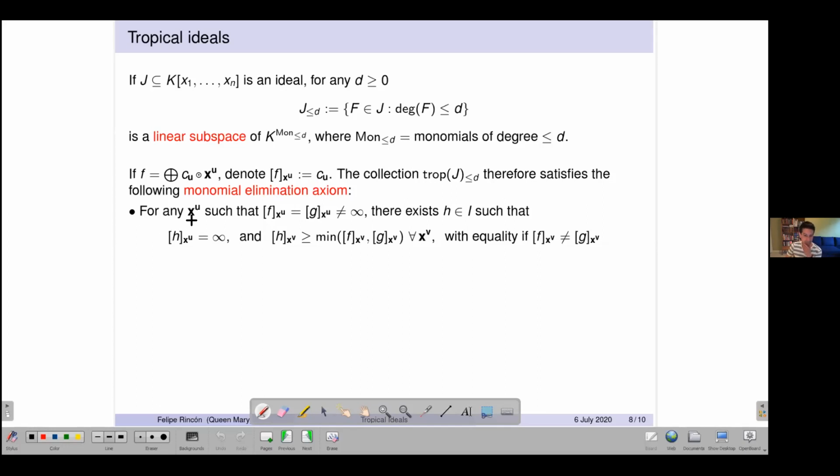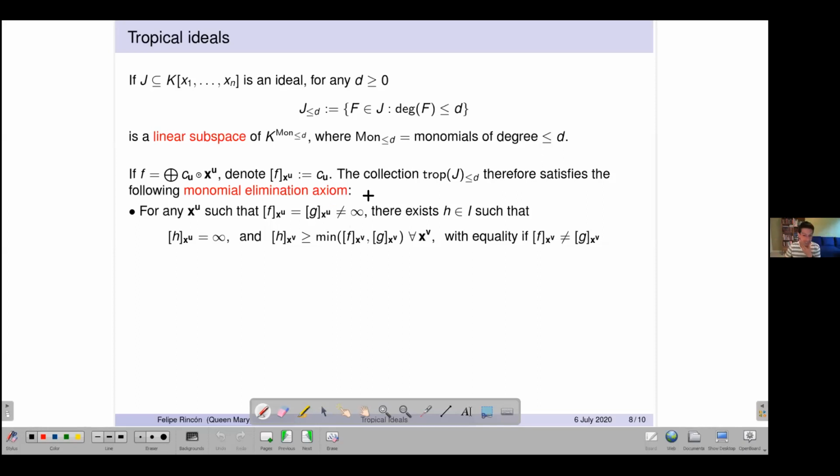Let me say what I've written down here. Whenever you take two polynomials f and g in your tropical ideal, in trop of J, and there is some monomial x to the u where they have the same coefficient, and it's not infinity, then, because these polynomials come from tropicalizations of classical polynomials, there is some way of subtracting one from the other to make that monomial vanish.